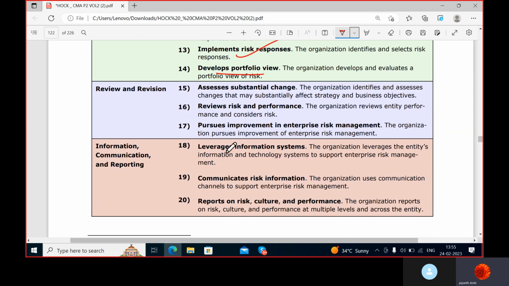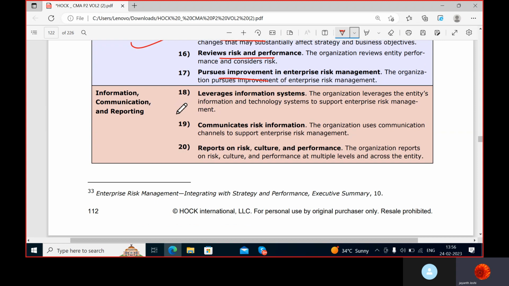Then they'll do the review and revision part. They'll see any changes and review their performance, and if any change is required, they'll do that and pursue improvement. So again, they want to improve their process again and again, and then after doing everything, they want to take advantage of the information system. That means the information has to be passed on, am I right?